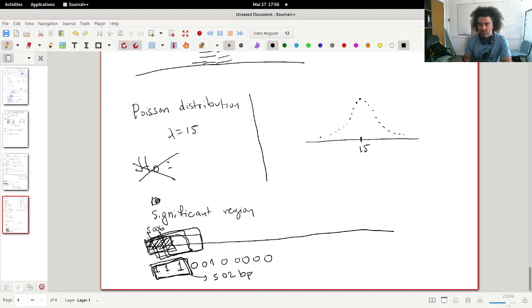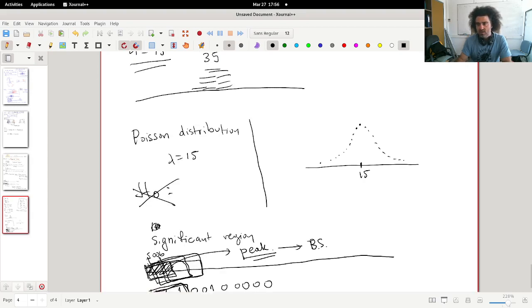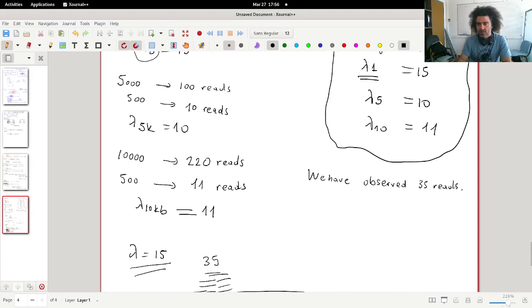And this is a region that MACS identifies as significant, so it's a region that has a peak. And for MACS, it corresponds to a binding site for the protein. Okay, so this was the second part of the talk about how MACS works to identify significant regions.